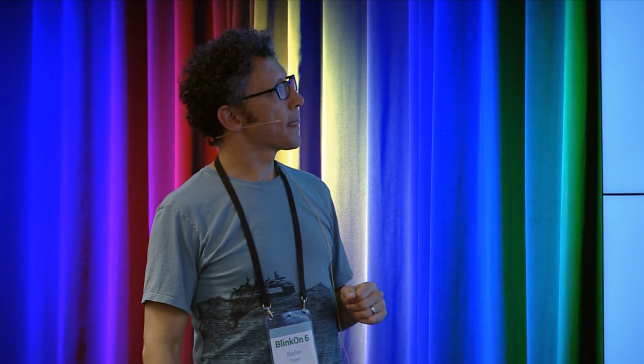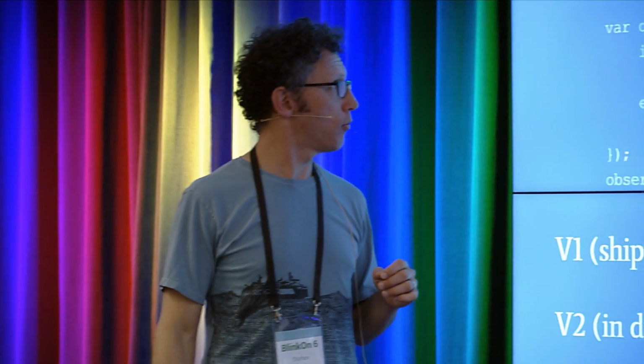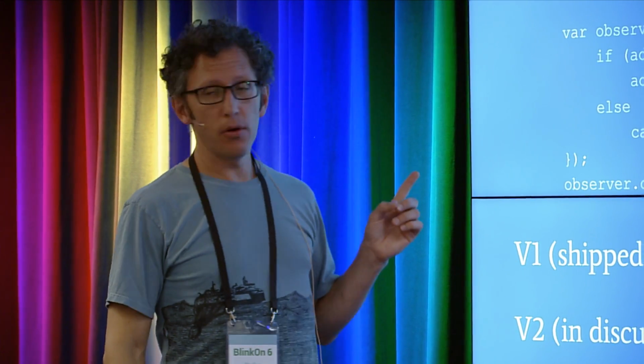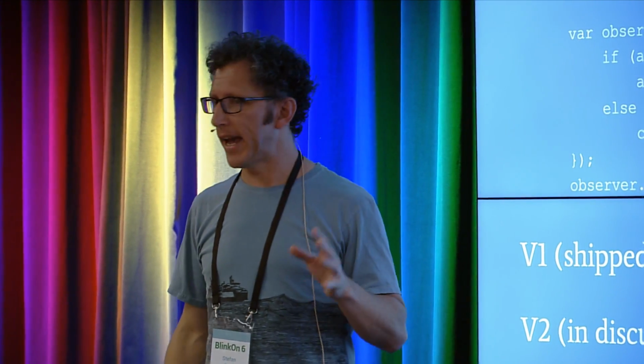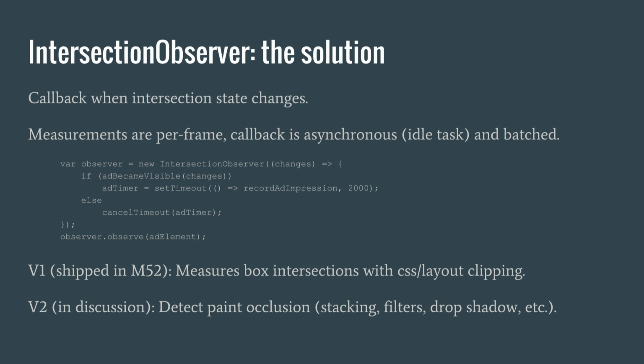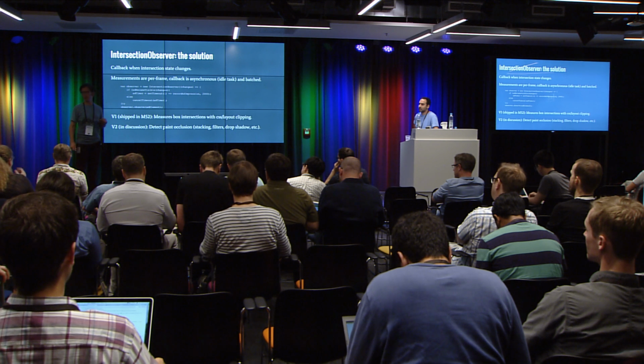The code is really very simple. One thing I particularly like about it, and it's yet to be seen how this actually works in the wild, is that although the measurements of intersection are very accurate, because the measurements are done at frame generation time, so it has a lot of fidelity to what's actually displayed on the screen, the notification, so when the callback runs, is actually done using an idle callback.